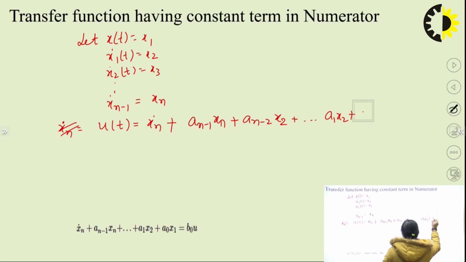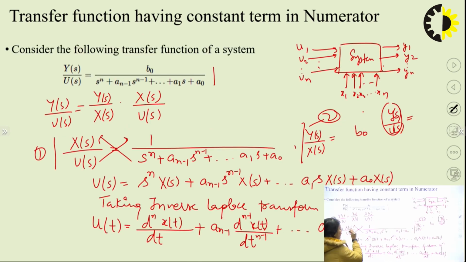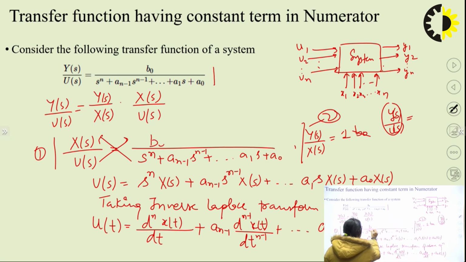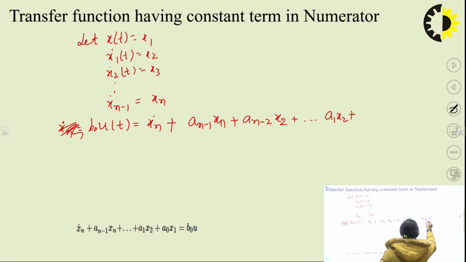What I am doing here is taking the common term, and I am taking it like b0 over here. So this will be b0 into u(t), equal to this, and so on till a1 into x2 plus a0 into x1.